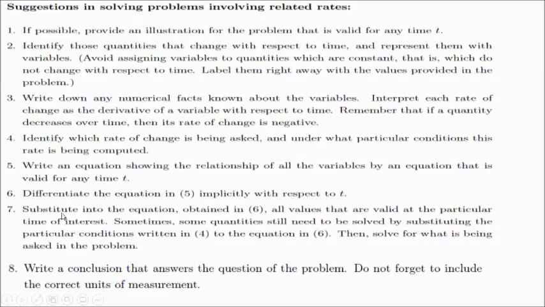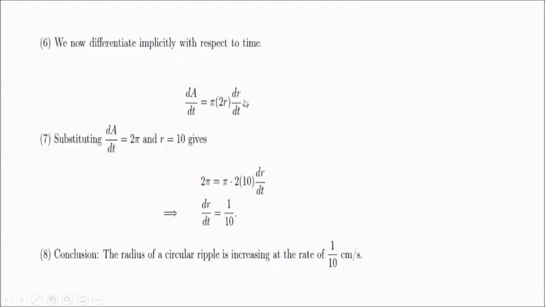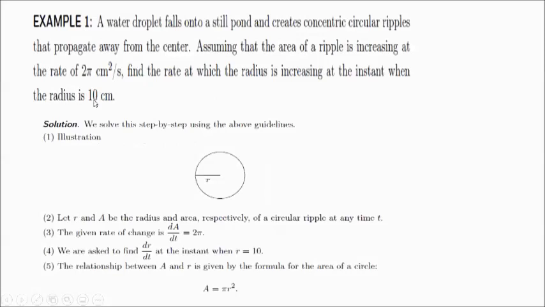7, substitute into the equation obtained in 6 all the values that are valid at the particular time of interest. Okay? So isub natin. Yung kanina, we have yung dA over dt, class, which is 2 pi. And then given din yung r. Saan galing yung r? Ito. Yung dA over dt is this one.